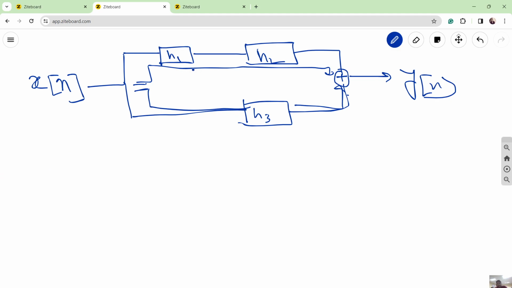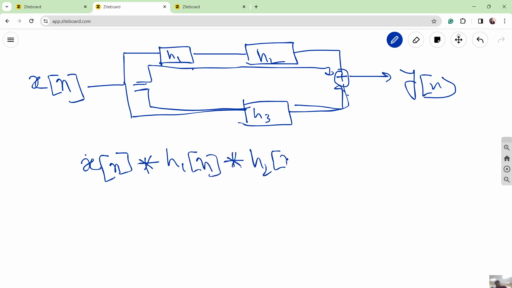So first, the first branch is xn convolution h1 of n convolution of h2 of n, and then there is a summation. Summation in the third branch is h3 of n, that is convolution with xn.